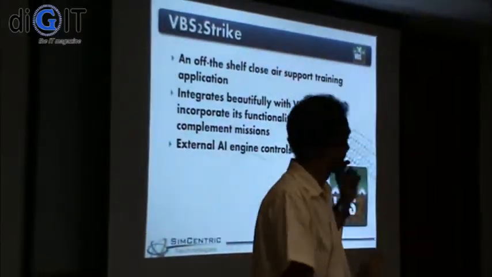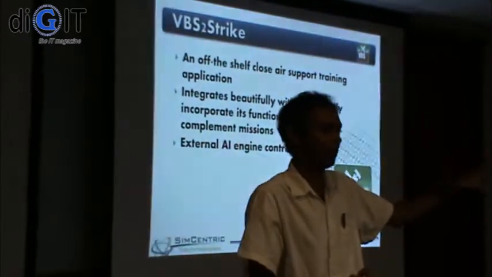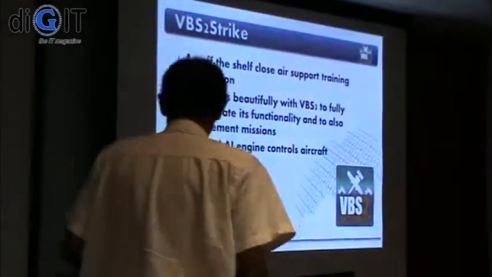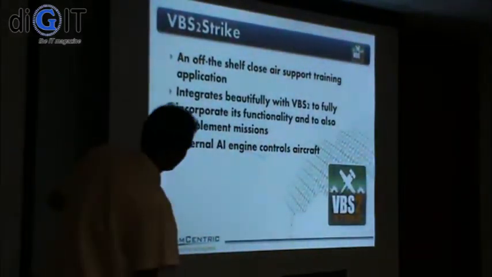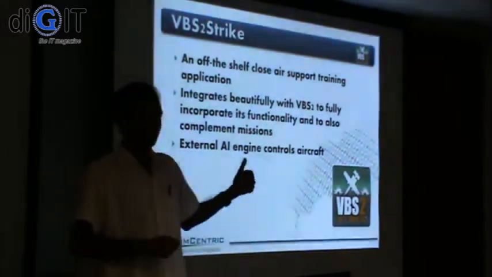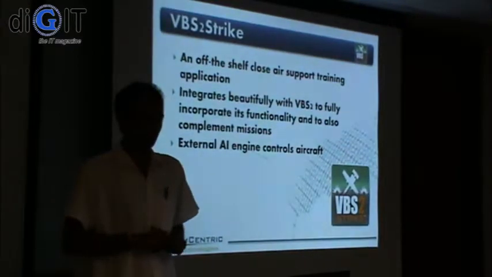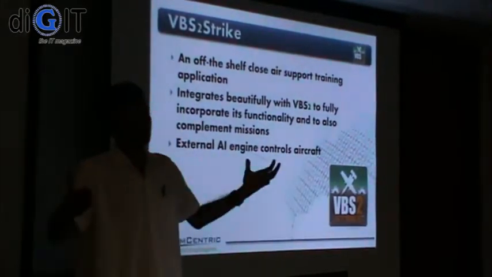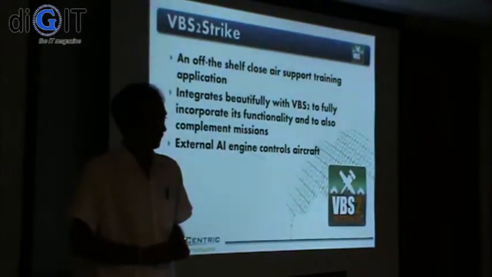So VBS2 Strike is an application for training that forward air controller. We built this under contract for the US Marine Corps, and they have been using it for more than a year now, but we are just about to commercialize it and sell it to the wider market within the next year or so.